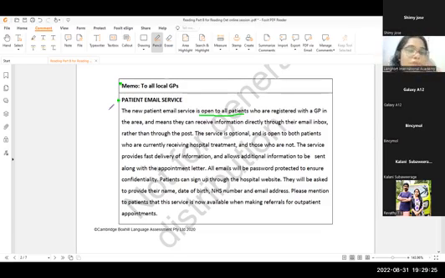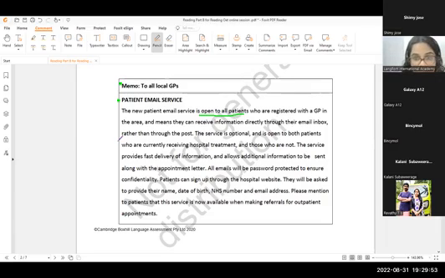They have a new patient email service that they've just introduced, and it is available to all patients who are registered with the doctor in the area. This service means they can get the information directly through their email instead of through the post. Instead of the postal service, they can receive whatever information they need via email.